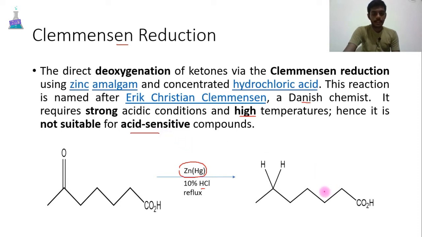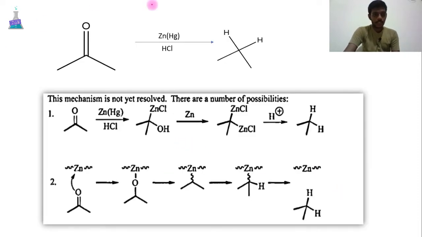Let's see the mechanism. This is the aldehyde or ketone. We are using zinc amalgam in presence of hydrochloric acid, which is a strong acid. This deoxygenation forms the methylene group. The mechanism of this reaction is not resolved. There are a number of possibilities.